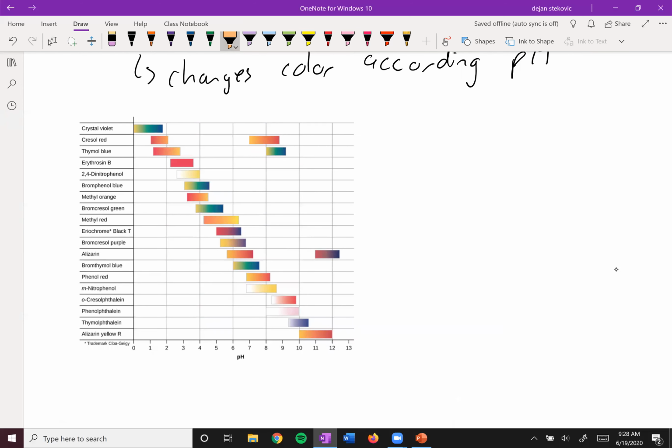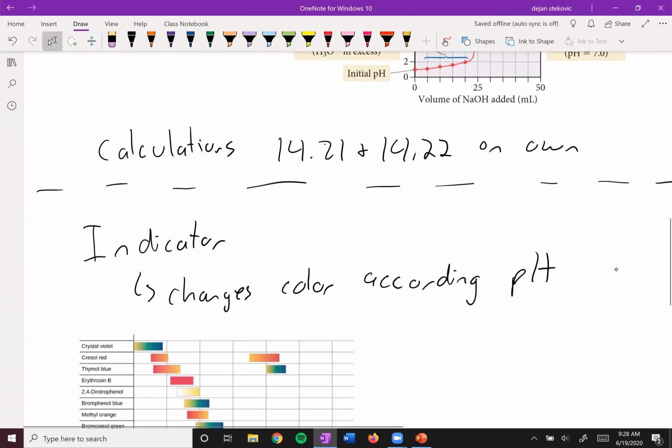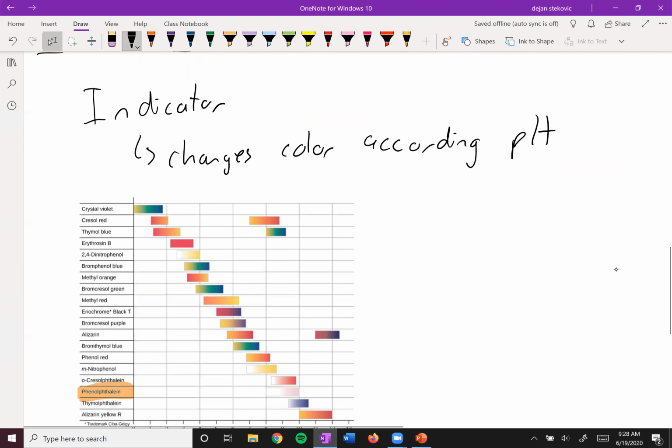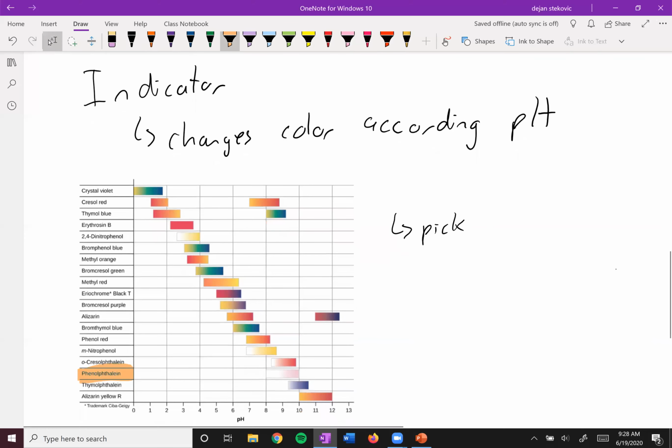The most common one used is phenolphthalein, and that's the one we're going to use in our lab. In acidic conditions, you can see it's white. And then in basic conditions, it turns pink, right? That's what you see in this picture up here. And so you just want to pick one depending on which zone you're interested in, right? If you're interested in studying something between the pH range of 2 to 4, maybe you'd pick this one up here and that kind of stuff.